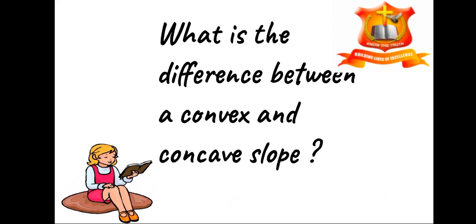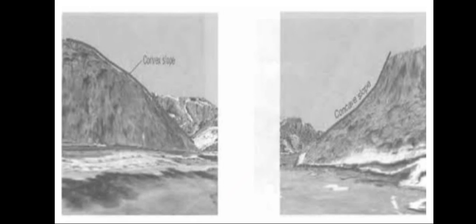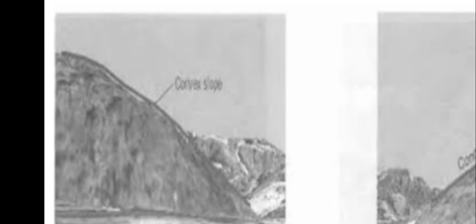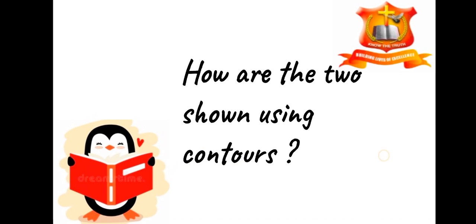Now, what is the difference between convex and concave slope? So here is the difference. You can see this is the convex slope. The image is not so clear, so I am showing you. This is the convex slope and this is the concave slope.